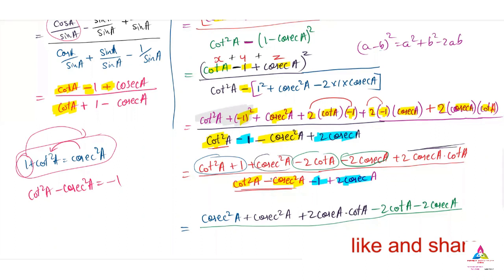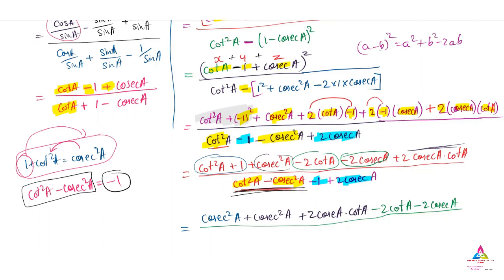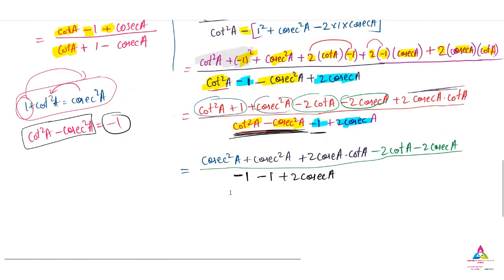So here we find that cot square A minus cosecant square A is nothing but minus 1. So this value will become minus 1. Then keep the rest as it is, plus 2 cosecant A, write it down as it is. So till here, if anyone has a doubt you can ask me quickly. Anyone have a doubt here?